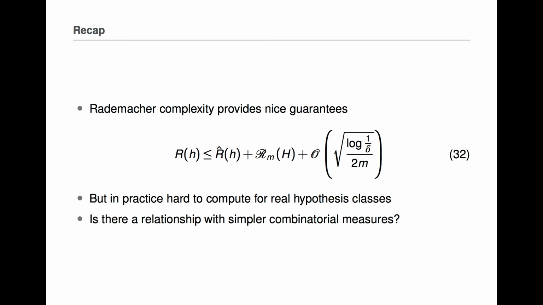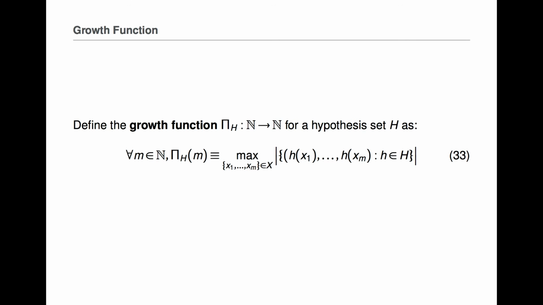But is there a relationship with simpler combinatorial measures? The answer to that is yes. The Rademacher complexity is very closely associated with something called the growth function, that basically counts, for a particular set of m examples, how many ways a hypothesis can be applied to that set of examples.